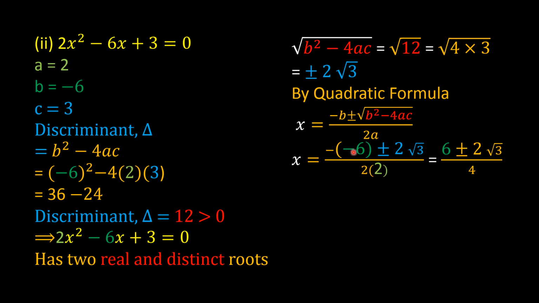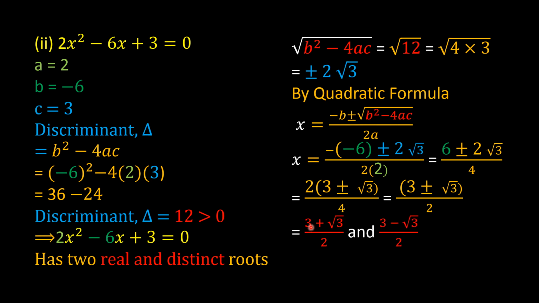So minus of minus 6 will be plus 6 plus minus 2 under root 3 divided by 2 2s are 4. Now we will take 2 common factor between 6 and 2 and write 2 times 3 plus minus under root 3, because 6 divided by 2 is 3 and 2 divided by 2 is 1. Now 2 2s are 4, so here it will be 2.